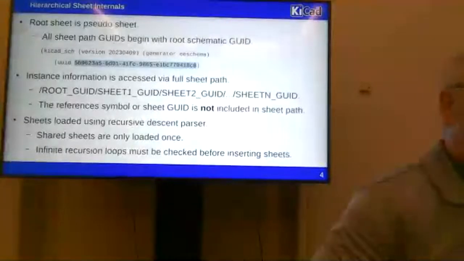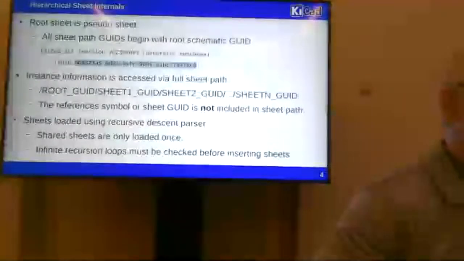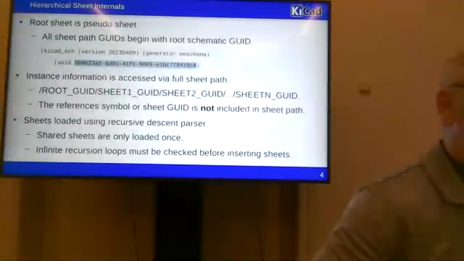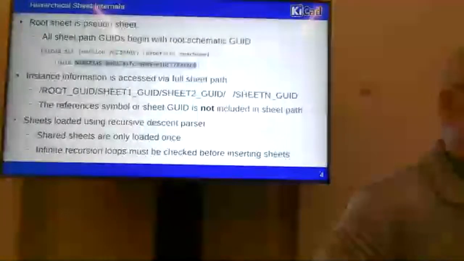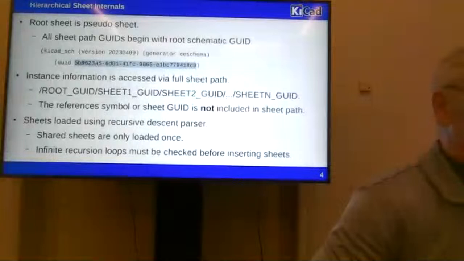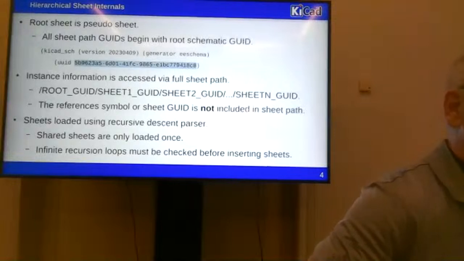All the examples I'm showing here are in the KiCad complex hierarchy demo. So if you want to open the files, this is the schematic file, complex_hierarchy.kicad_sch. You can open it with a plain text editor and you'll see this. The first line is the header and the very next line is the UUID for that schematic file. And in this case, you'll notice it's 5B9623A. That's the UUID.